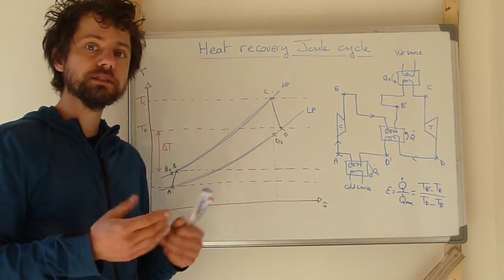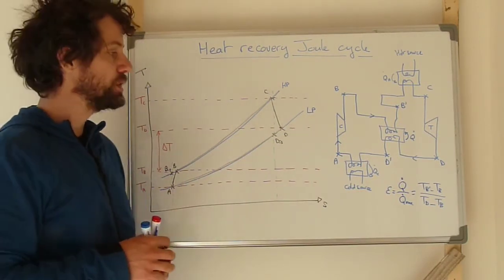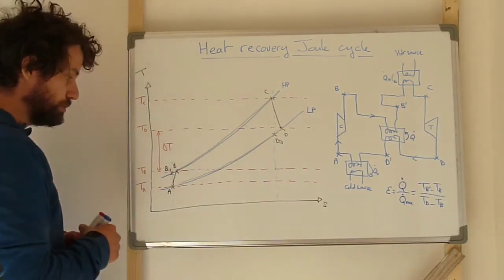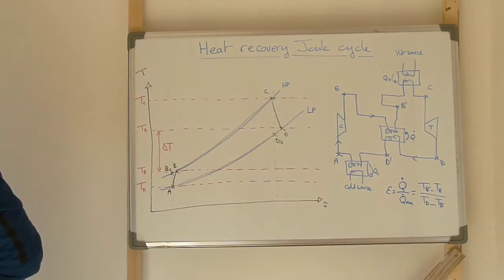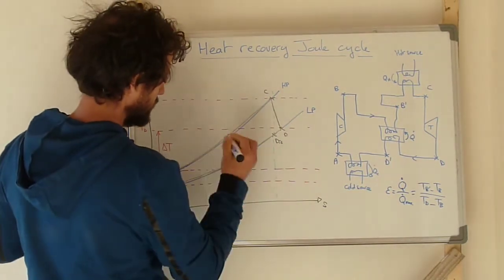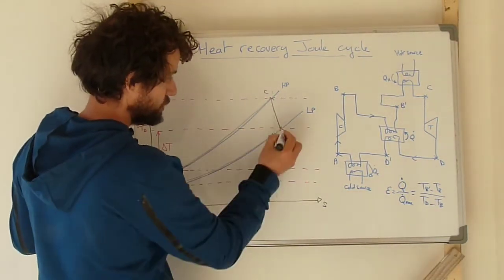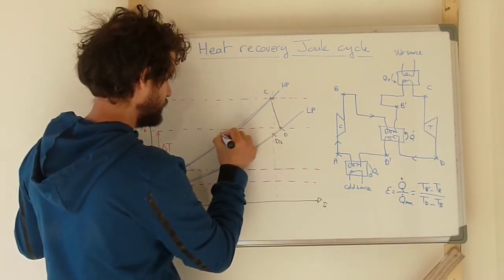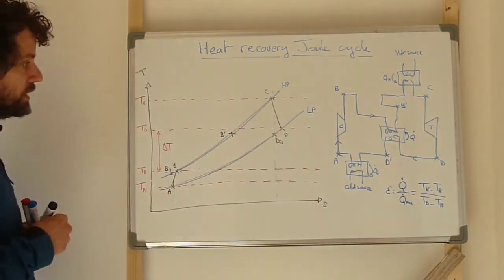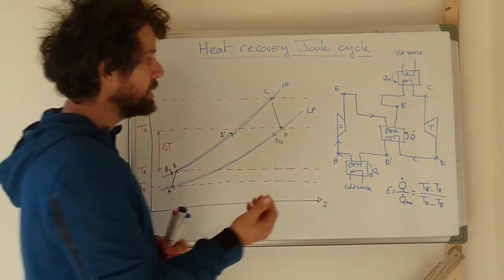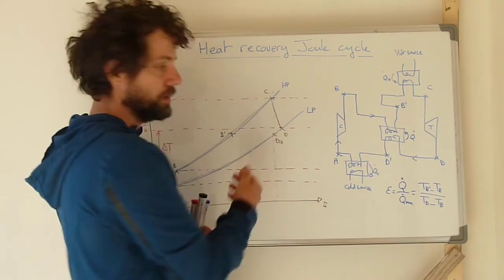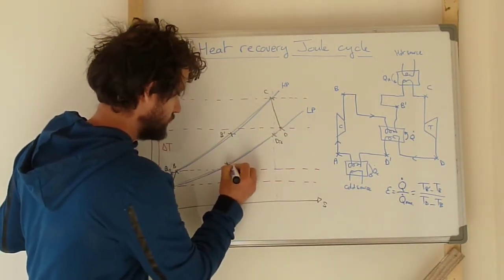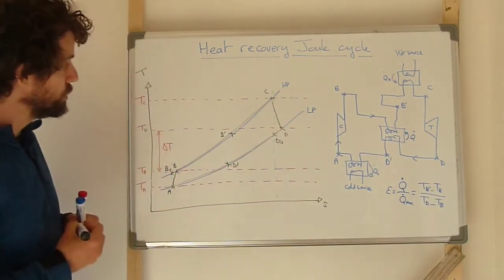So if you have a good heat exchanger, we can reach, for example, 90% for the efficiency. So it means that point B here, its temperature can be increased up to 90% of the temperature difference with point D. So we can have point B prime, for example, somewhere there. And then similarly for the cooling down of point D, it can be cooled down to D prime, which would be somewhere there.